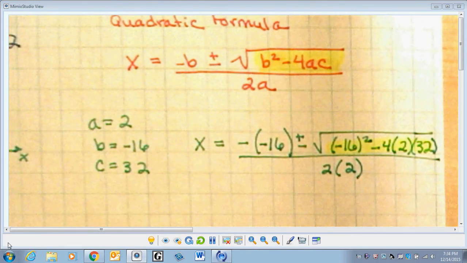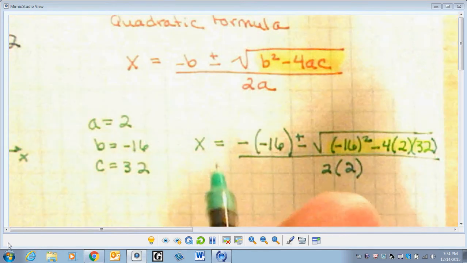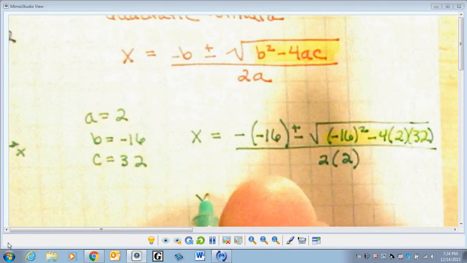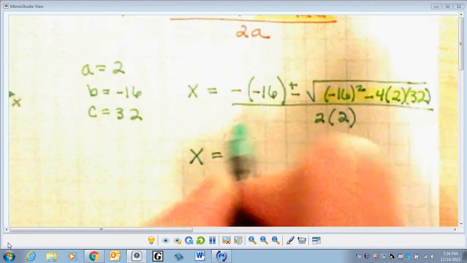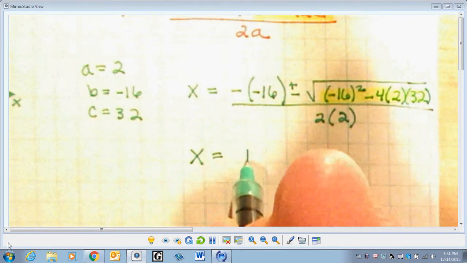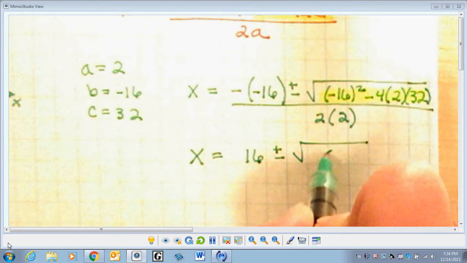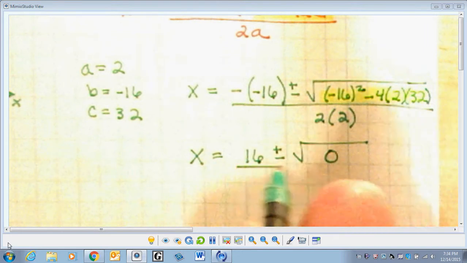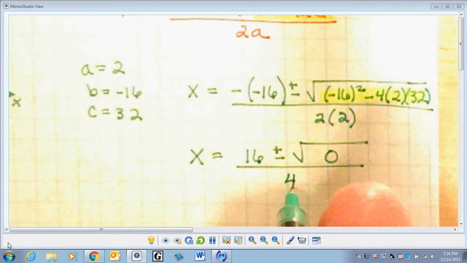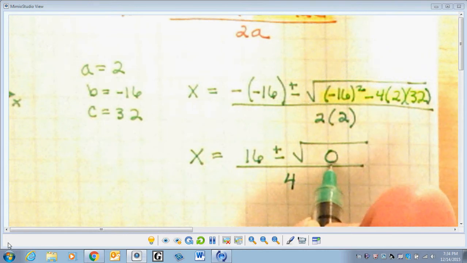So let's see what this looks like. That gives me x equals, well, a negative and negative is a positive, 16, plus or minus the square root of my discriminant, which was 0.